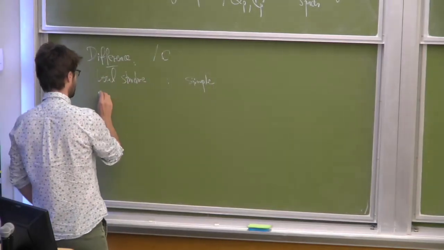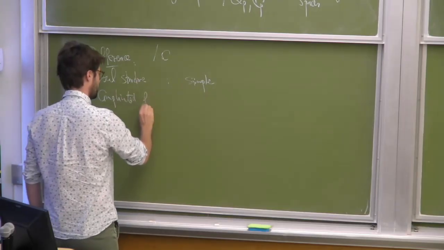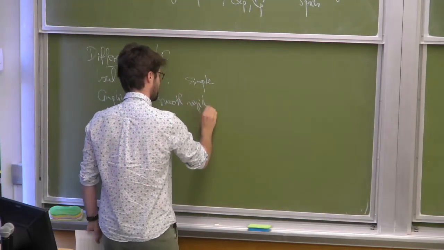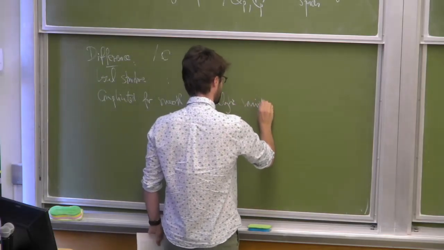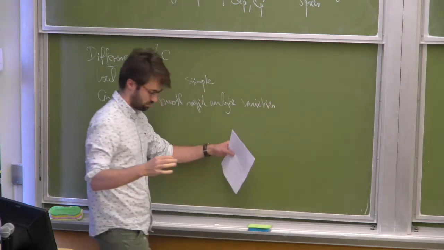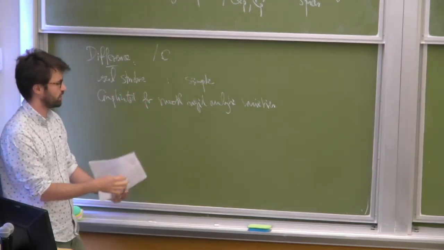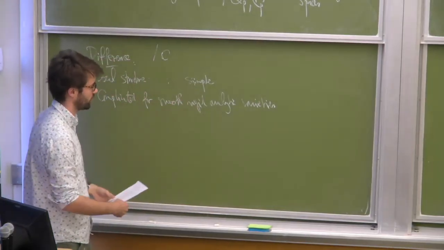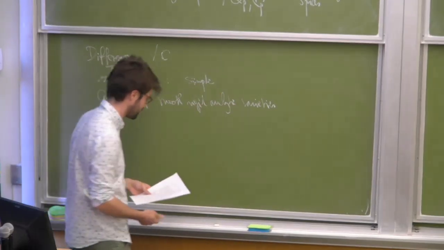But it is complicated even for smooth rigid analytic varieties. If you take a point in your smooth rigid analytic space and take affinoid neighborhoods of this point, even if you make them small, still the étale fundamental group remains very large, and so the étale cohomology is still complicated to understand.